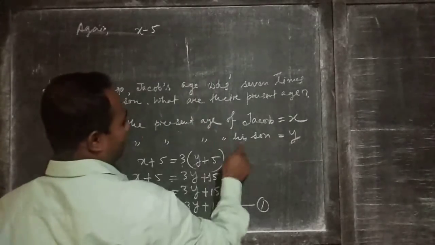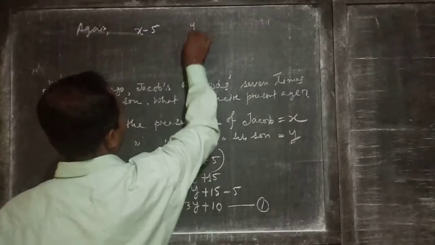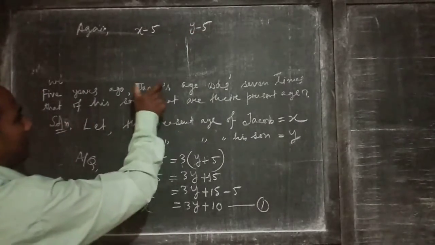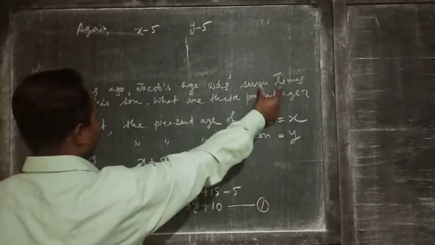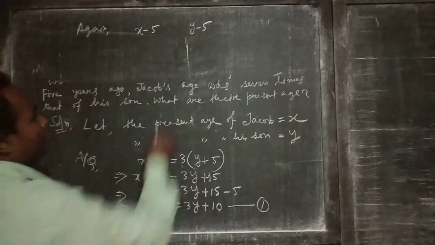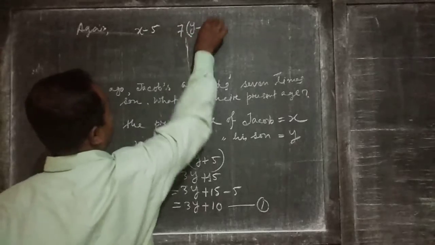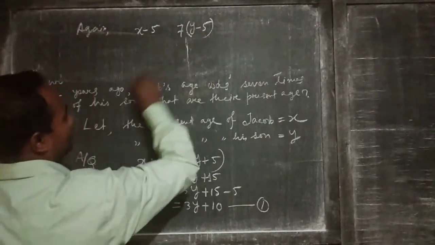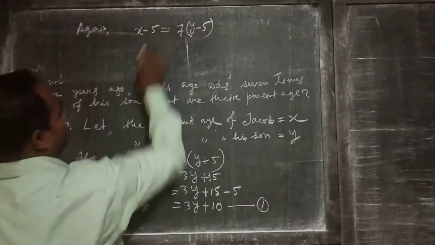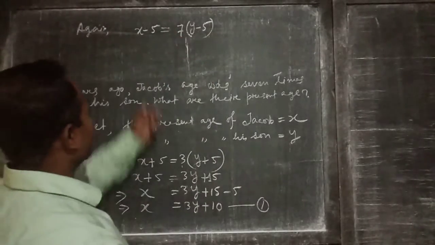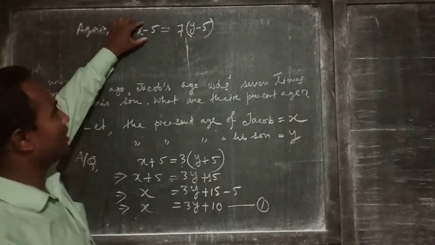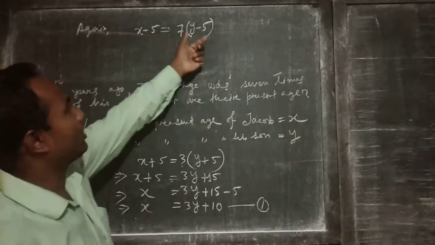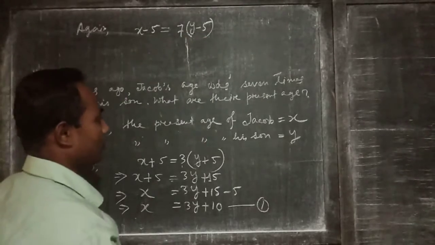Similarly, the age of his son also decreases. Then the age of his son was y minus 5, and the condition is given that Jacob's age was 7 times his son's. That means we have to multiply 7 with the age of his son. So Jacob's age will be equal to 7 multiplied with the age of his son.